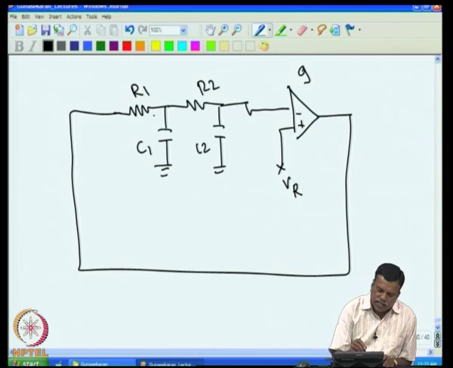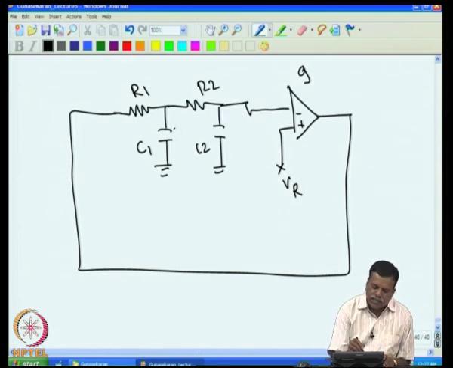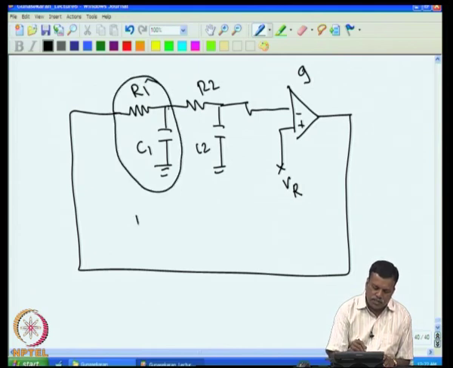Here we model this R1 C1 as the equivalent time constant of the oven. For example, if I apply a voltage to the heater, then the temperature of the oven slowly rises. The same thing happens here: I apply voltage here, then the voltage at this point slowly rises depending upon the time constant of this. So, this is the equivalent time constant of the system.